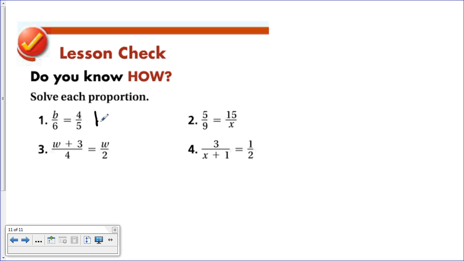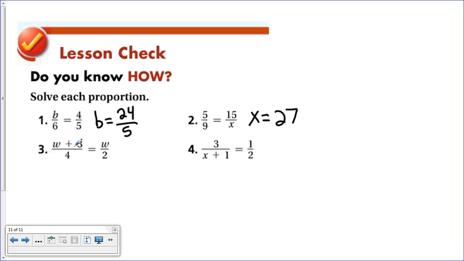So this one would turn out to be b equals 24/5. This one would turn out to be, let me grab a calculator real quick, x equals 27.